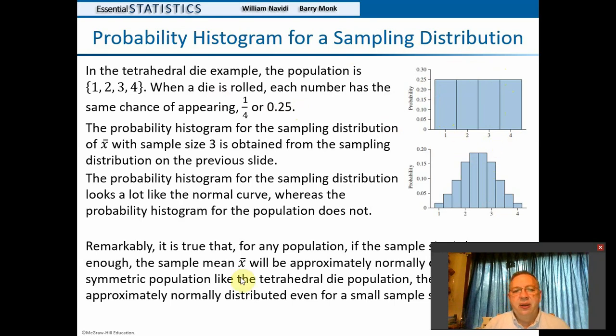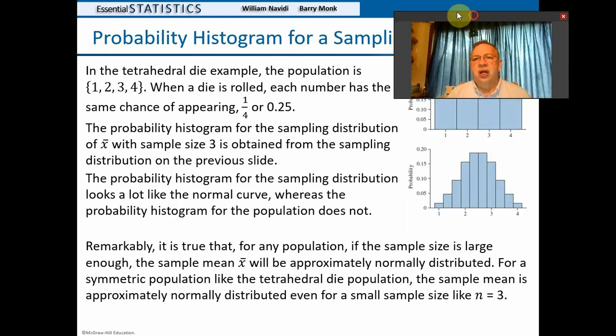But if I build the sampling distribution from the previous table, here's what that looks like. There's that 0.016 for 1 and 4, and then it goes up to the maximum probability. If we add all of these probabilities up, like we should in a probability distribution, we get 1 from the relative frequencies.